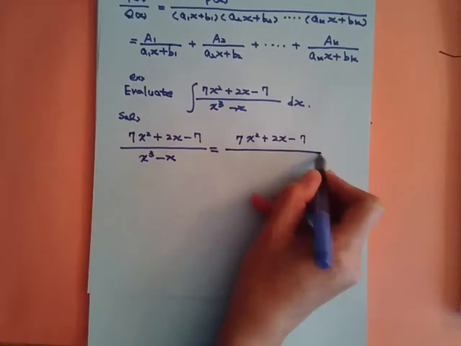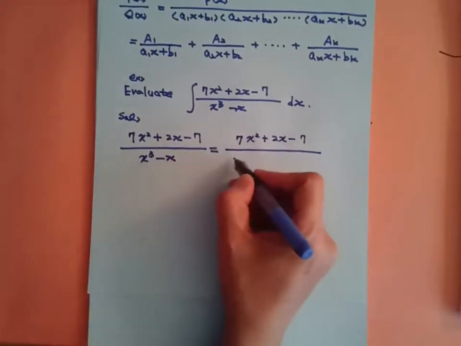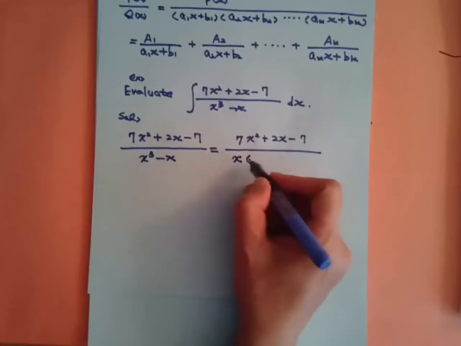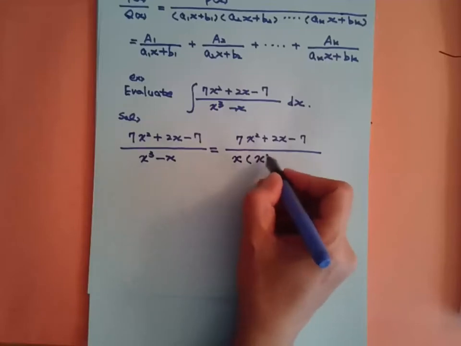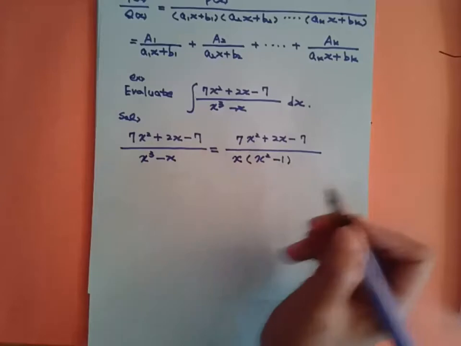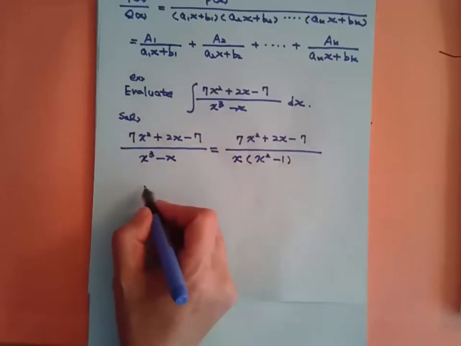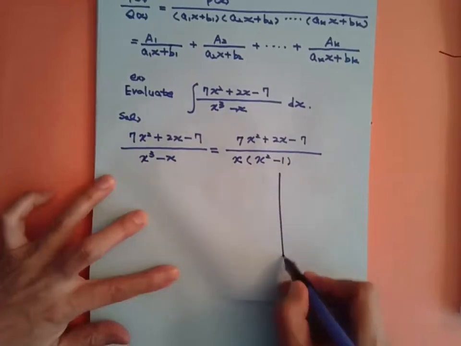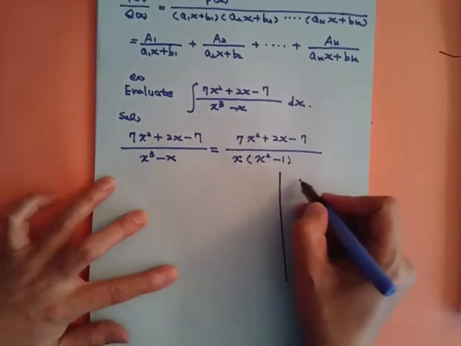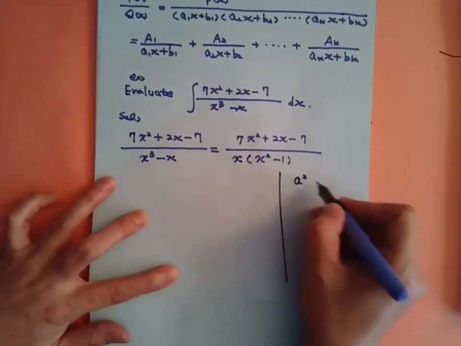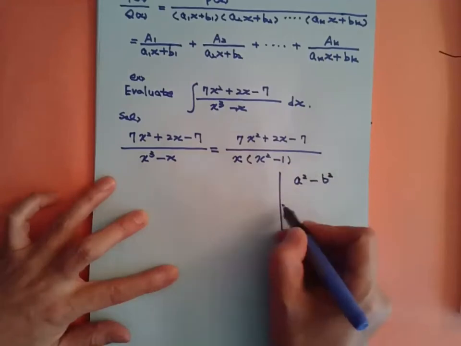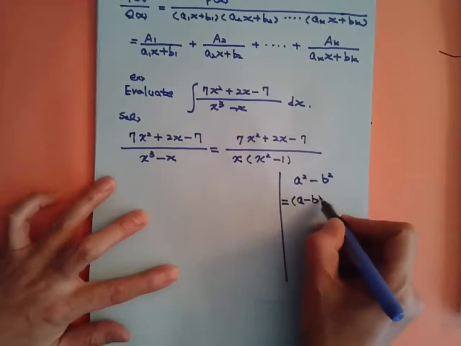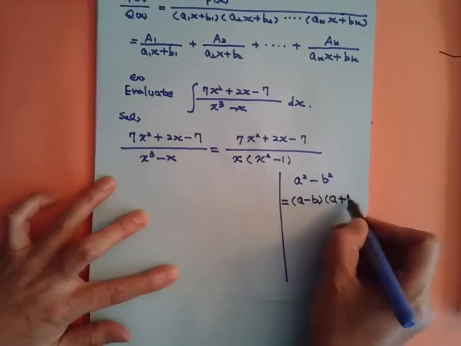The common factor in the denominator is x. So we will take out x, and then it becomes x times (x squared minus 1). And then the formula we know is a squared minus b squared can be factored into a minus b times a plus b.